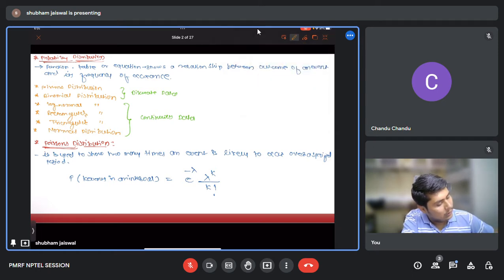Here k is the number of events for which we are finding the probability, and lambda is the event rate, or in simple words, the average number of events in an interval.